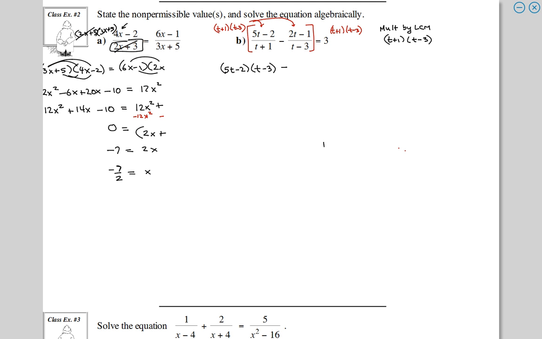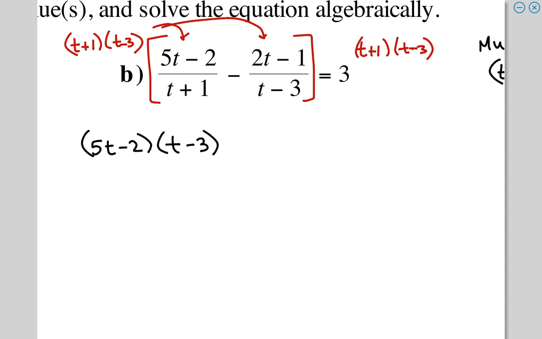Sorry about that. Not sure why that happened. Now let's do the next one. Subtracting. What cancels on the second product? The t minus 3 term. So what will be left is 2t minus 1 times t plus 1.